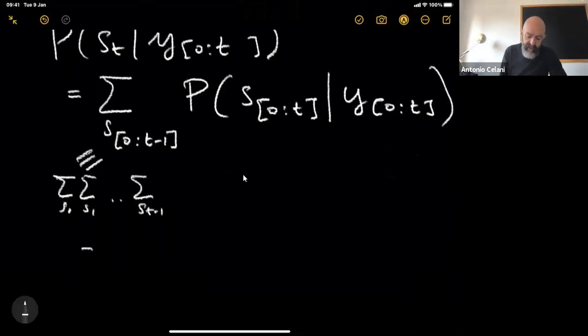Well, because now I can use the definition of a conditional probability, which tells me that this object is also equal to the sum over all previous states of the joint probability.